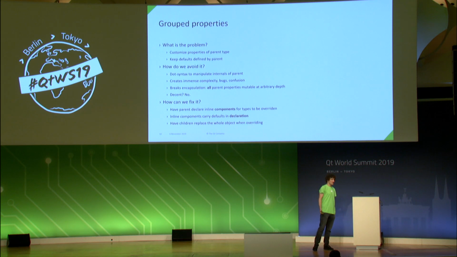This is not only immensely buggy, it also creates immensely complex code in the QML engine. It breaks encapsulation, because you can do that to arbitrary depth, and you can access all inner properties of everything. Is that decent? Well, that is so naughty.